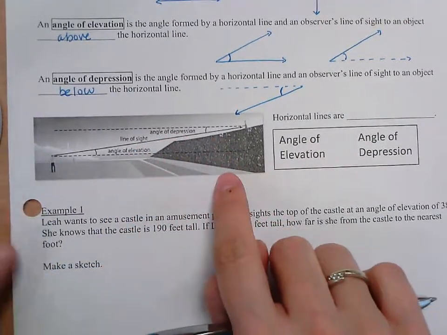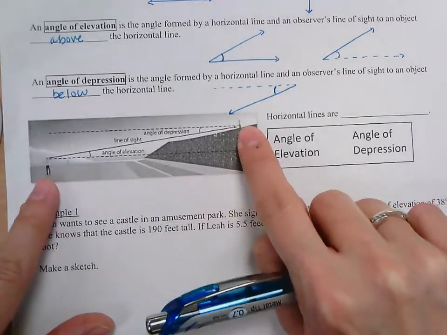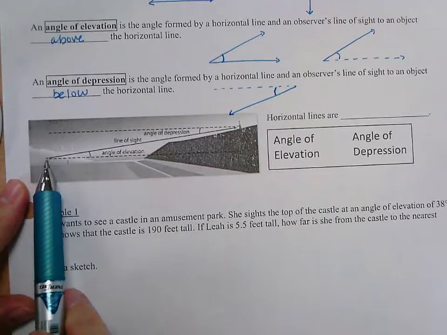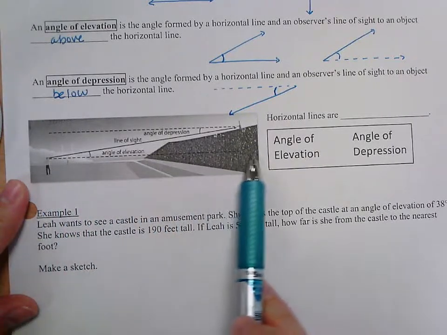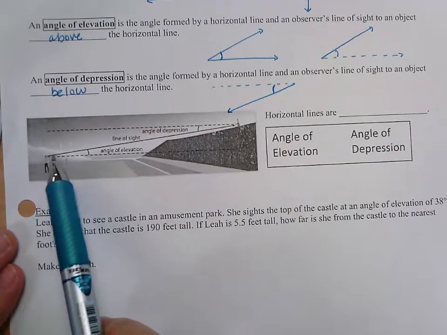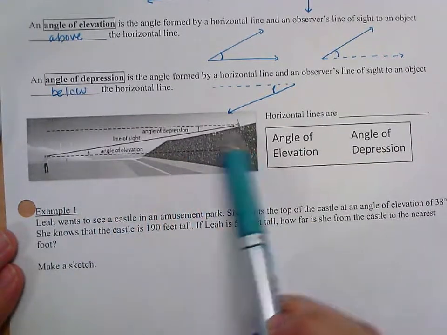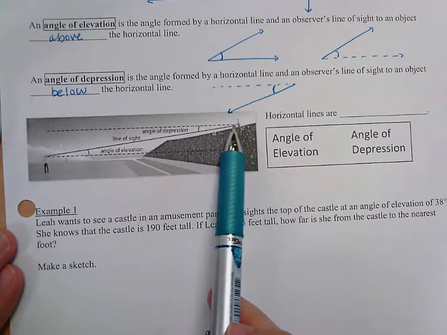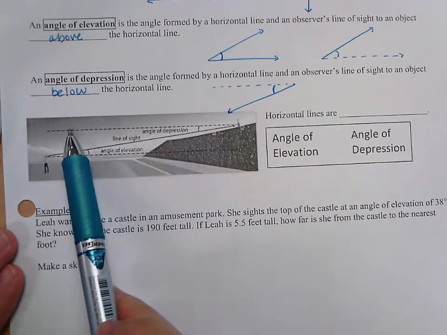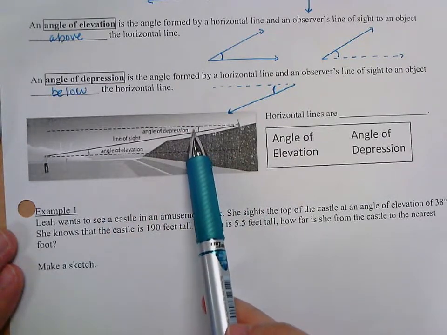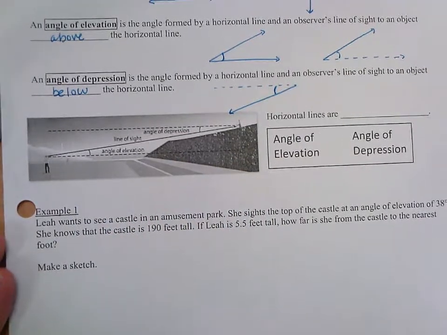So notice there are two people, and this person here's horizontal, like the horizon in a way, if they're looking straight in front of them. Here, if they're looking up to the person up here, that's an angle of elevation. For the person up here, their horizontal line of sight is here, and they have to look down to this person, so that's where their angle of depression is.